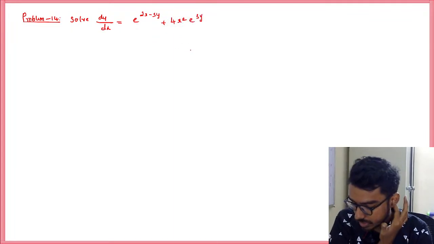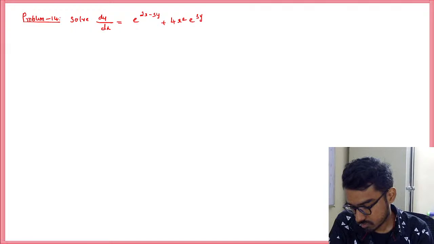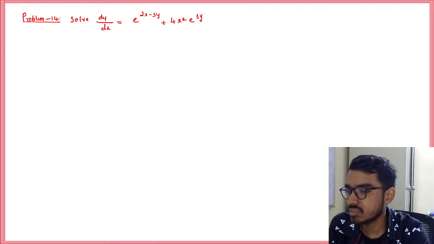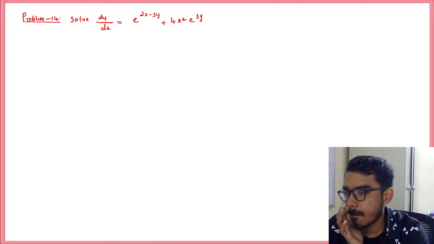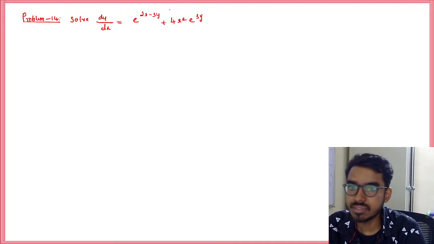Right, 4x square e power 3y. Check the question. e power 2x minus y to e power minus 3.